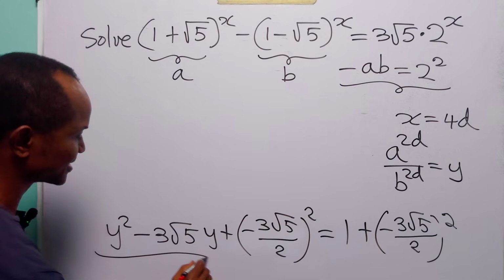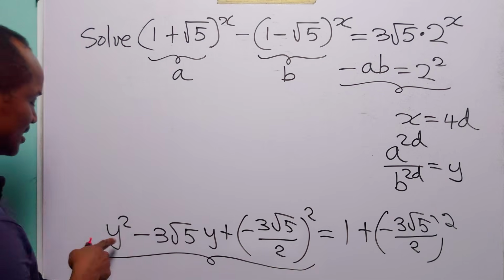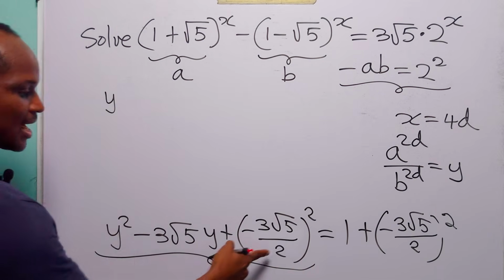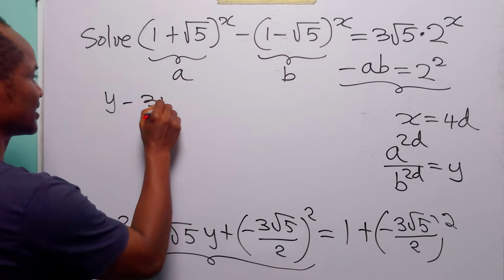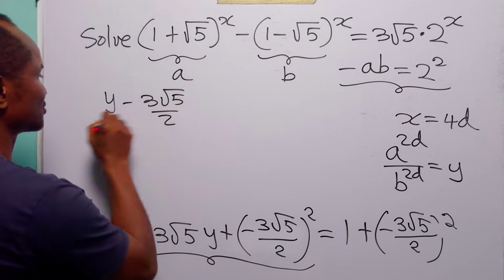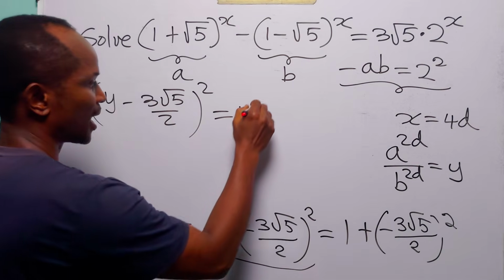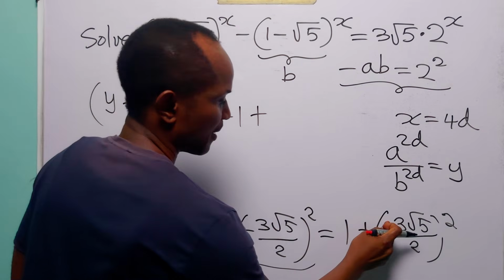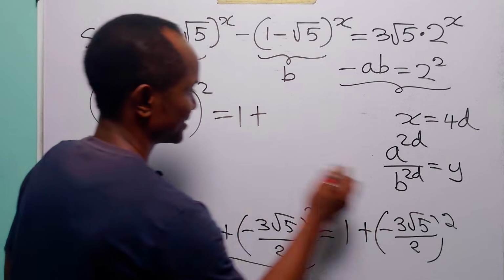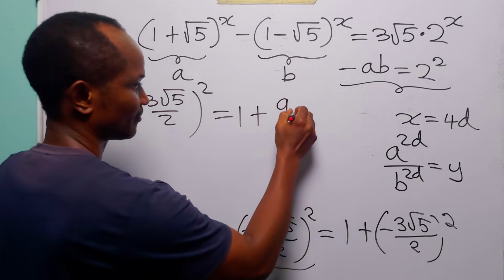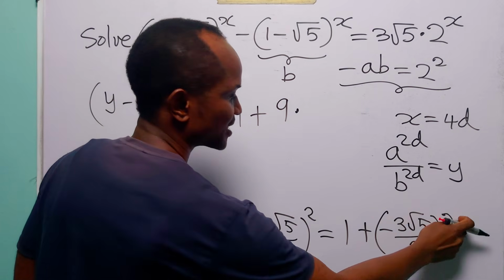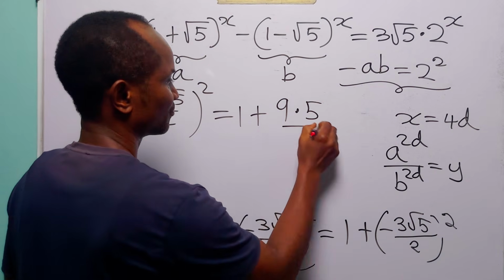Now we have a perfect square on the left hand side. So we take y and we take minus 3 root 5 over 2 and we square, and this is equal to 1 plus, now minus 3 squared is 9. Root 5 squared is 5.